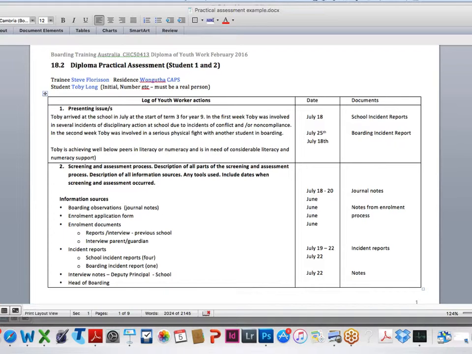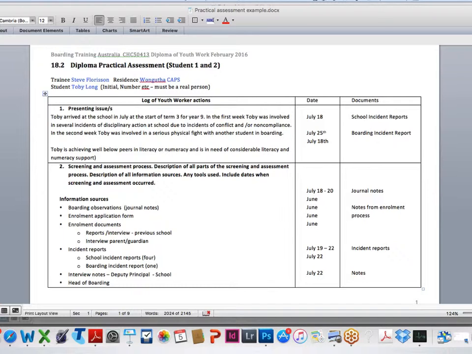We've also got incident reports from the school, and also an incident report from boarding, and interview notes with the deputy principal when he got into strife, and with the head of boarding when he got into strife in boarding. So that's the log of actual activities for this student.